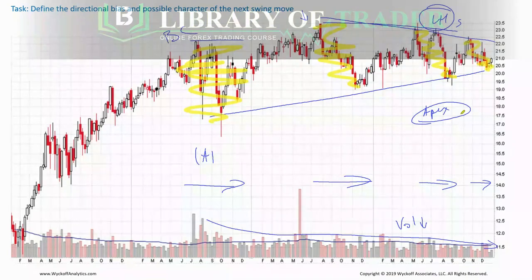Volatility goes down. So even if we don't see the volume signature, we see how volatility is decreasing every time there is a reaction.